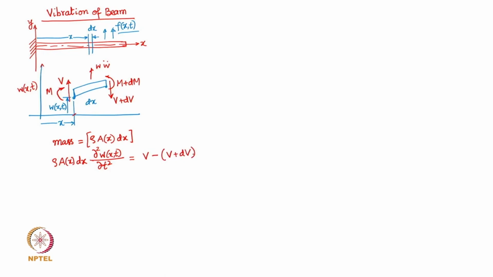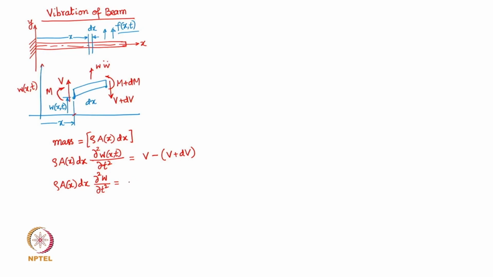Okay, so with this what we can write is rho A(x) dx times the second partial derivative of w with respect to t, and now for the sake of brevity I am just dropping x comma t. It is understood that w, the vibratory displacement, is both a function of x and t.